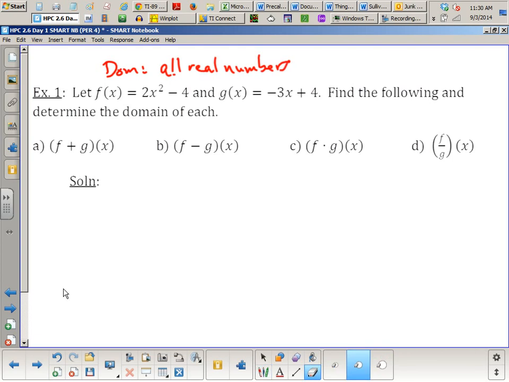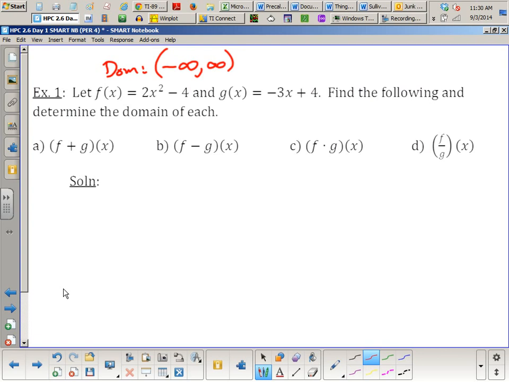Or you can write this. It's called a double struck R, and it means all real numbers. I'm going to use the interval notation, negative infinity to infinity. Sometimes I use the other one, but for this example, let's use that.